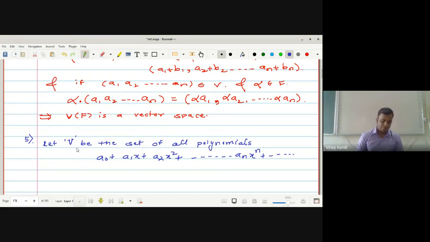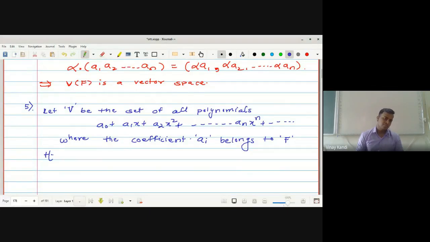where each coefficient, a0, a1, a2, up to an and so on, all ai belong to the field F, any arbitrary field F. So here V over F is a vector space.